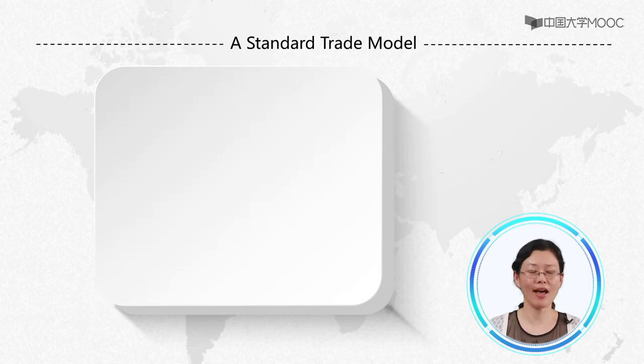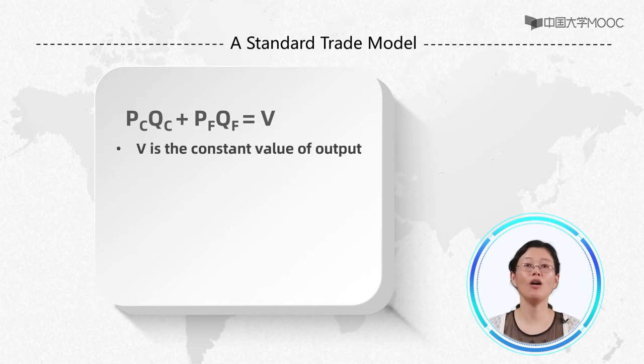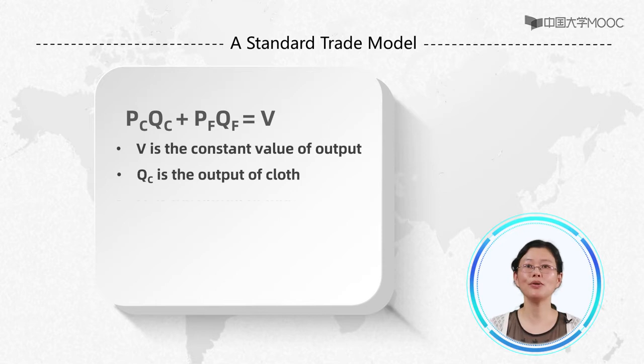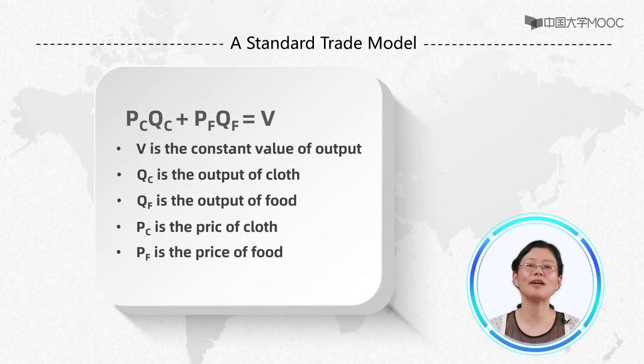Each isovalue line is defined by an equation of the form PCQC plus PFQF equals V, where V is the constant value of output, QC is the output of cloth, QF is the output of food, PC is the price of cloth, PF is the price of food.